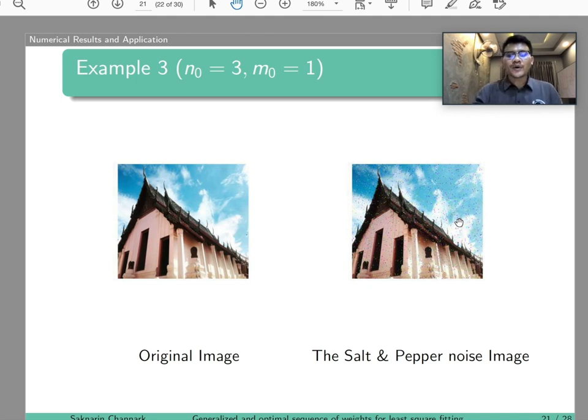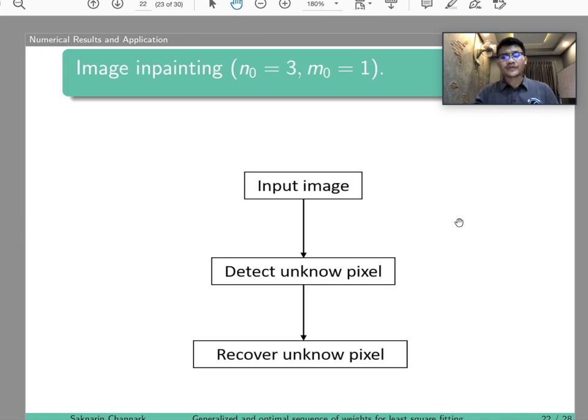Salt and pepper noise is generally caused by defects of the camera sensor, software failure, or hardware failure in image capturing or transmission. The typical intensity value of pepper noise is close to 0, and salt noise is close to 1.